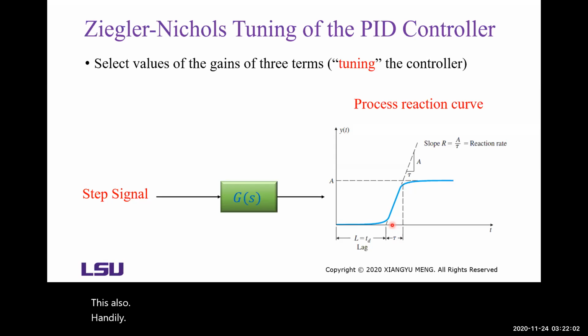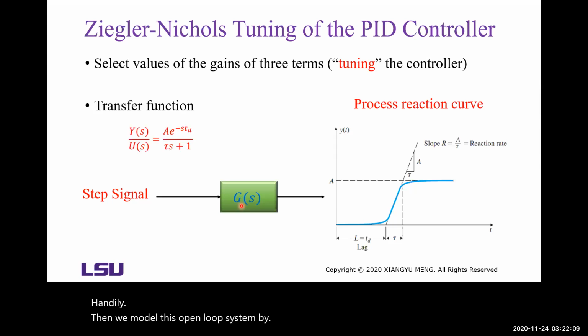Then we model this open loop system by a first order transfer function with time delay. So TD is the lag, determined by the time delay here.